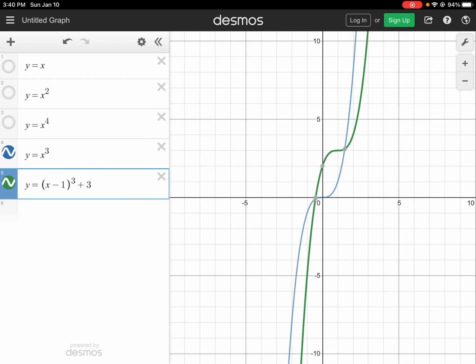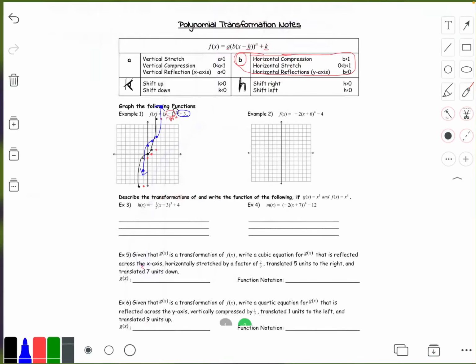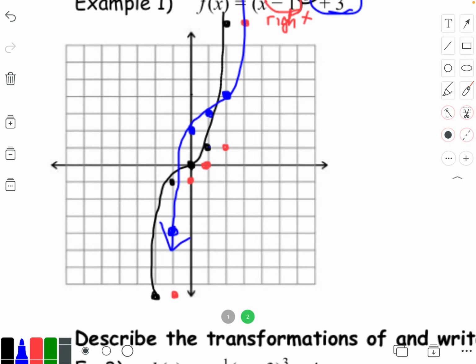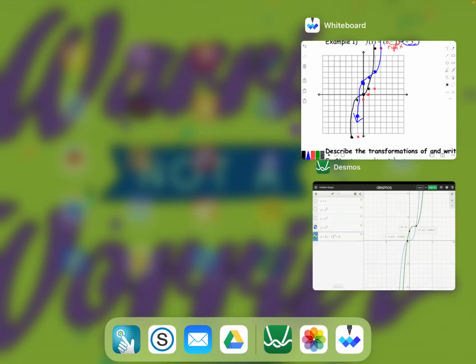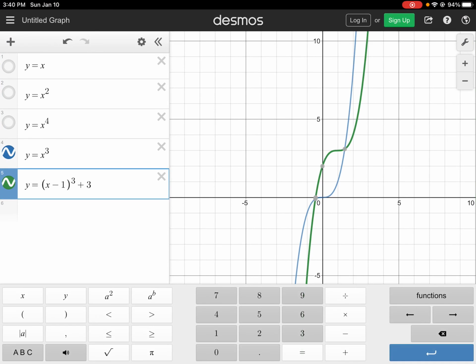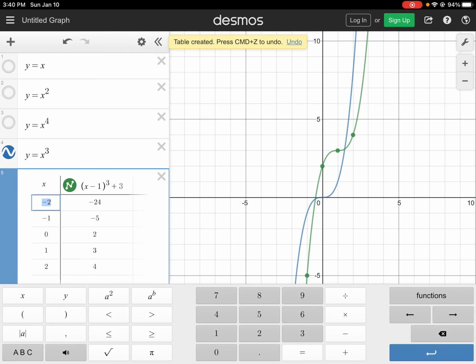Okay, back here. So if we look at these points, we've got our 0, 2. Did we have that in here? 0, 2, right there. We sure did. And then if we put our table back in like it was before, we can look.